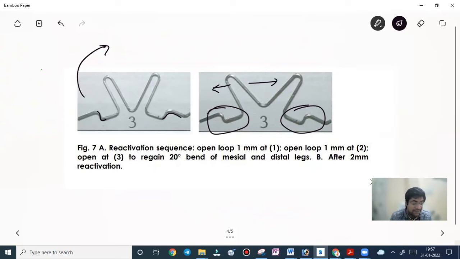If the appliance is opened in the proper sequence, the reactivation will maintain the original mechanics. In most cases, the reactivation will produce as much as 4 mm of distal molar movement.